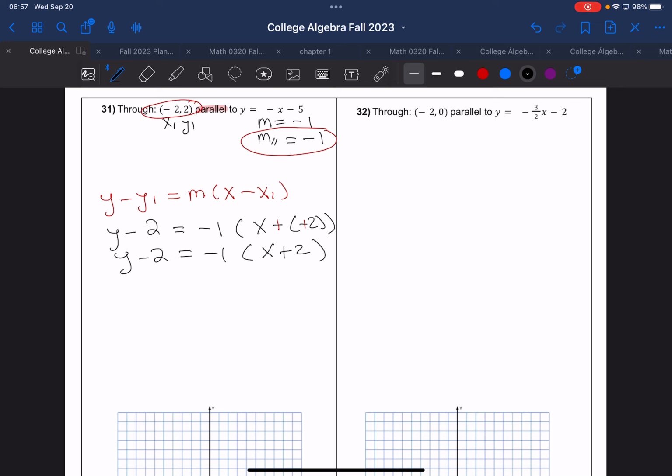What would be my next step to simplify? Yep, multiply, but what's the proper name? Distribute. So I have y minus 2 is equal to negative x minus 2.